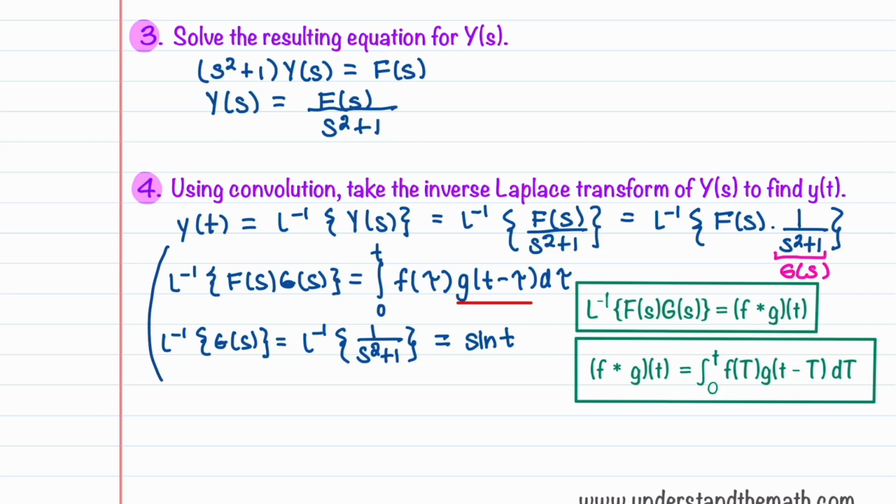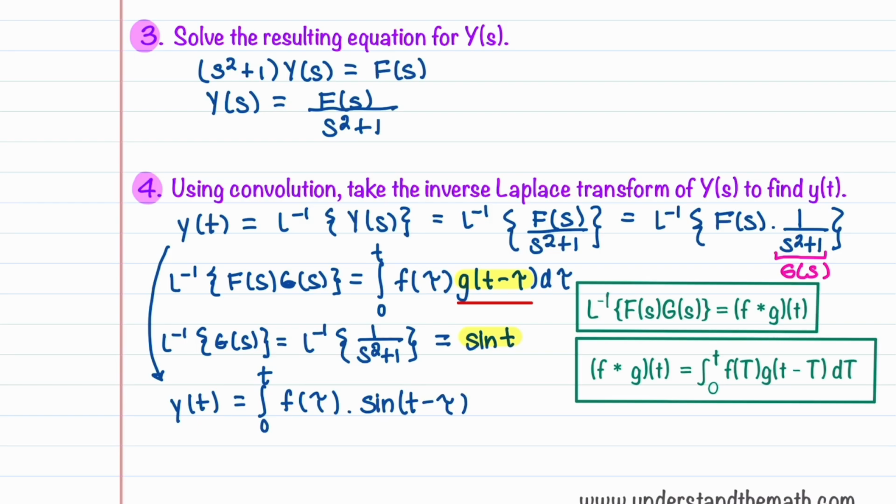Now we can go ahead and just write down our solution. Our little y(t) is the integral from 0 to t of f(tau), that just goes in as f(tau), times g(t minus tau). G(t) is sine t, so we're going to replace t with t minus tau, and we get sine of (t minus tau), and we integrate with respect to tau.